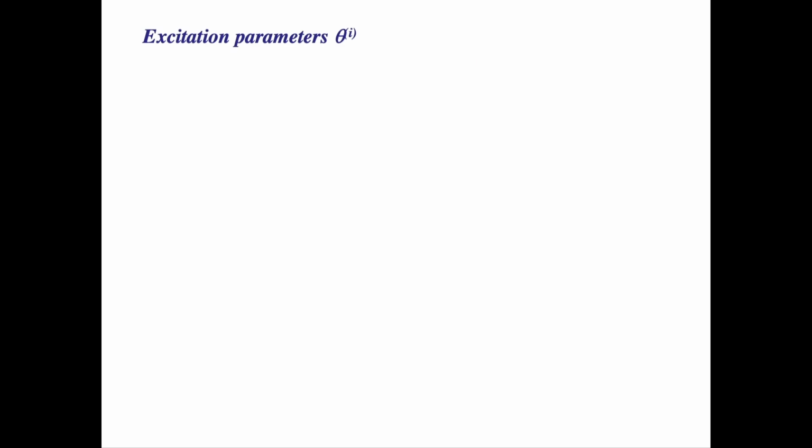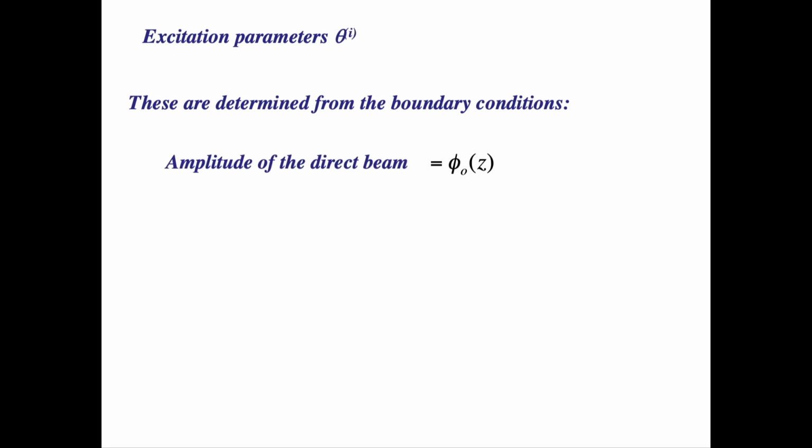So we've got the Ks, we've got the Cs, and how about the excitation parameter? The theta to the i, it's the ith. Of course, we're just going to have 2 in this case. These are determined from the boundary conditions. So the amplitude of the direct beam is that, and the amplitude of the diffracted beam is that.